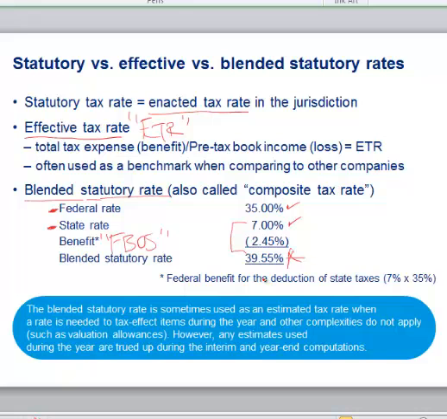I have clients, the biggest company that I work for, they do their calculations state by state, and they do hundreds of them. So they have an individual provision for each state. But other companies, for example, like our next guest speaker, she uses a blended rate for her states. And they just take kind of the weighting of apportionment and tax rates, blend it all together, and boom, that's their blended rate.